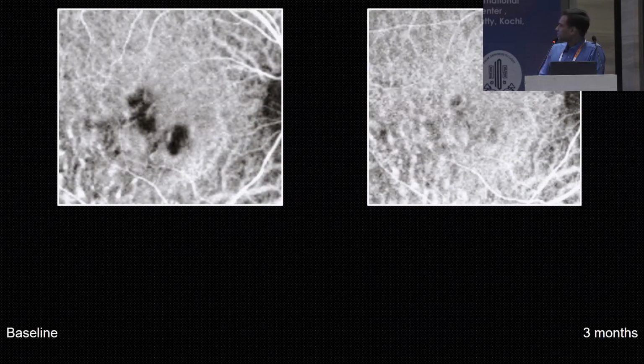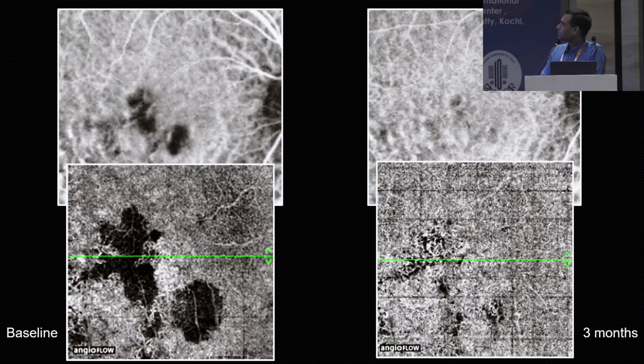This is baseline, and this is after 3 months. We can see that the flow deficit areas have completely recovered, the flow has been restored, barring a very few persistent defects after treatment. The same thing is highlighted very clearly on the angioflow.